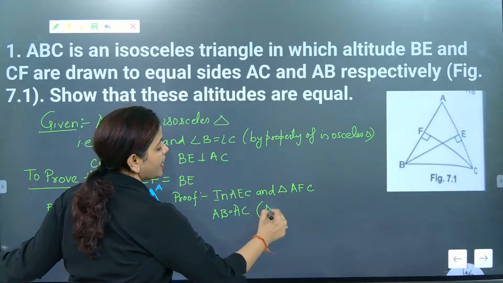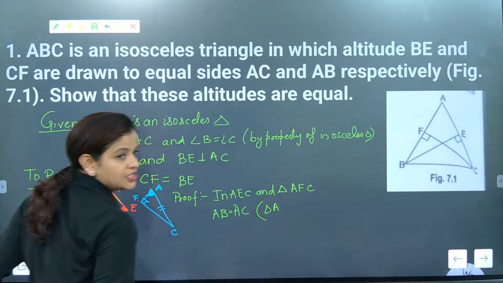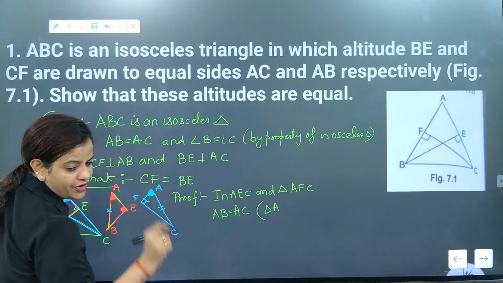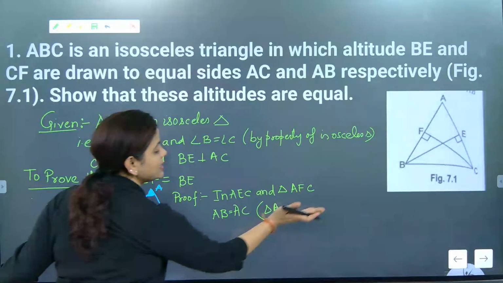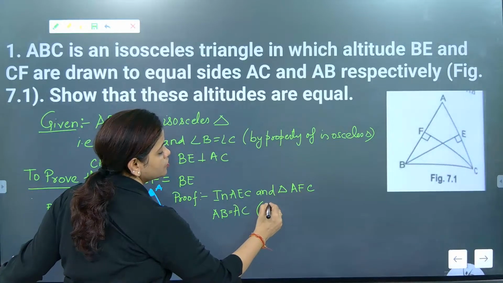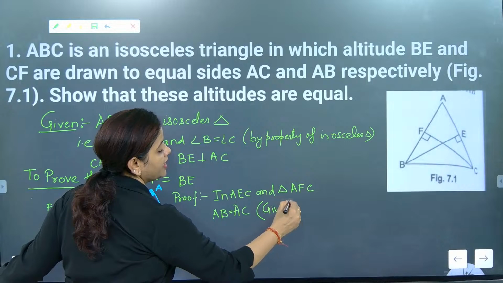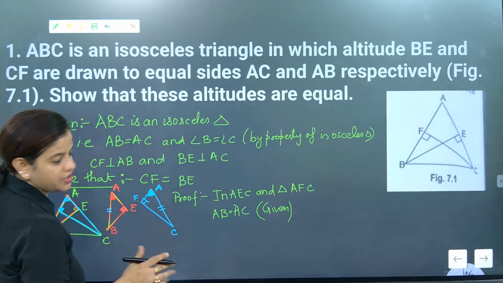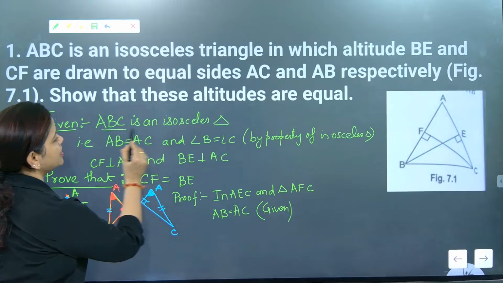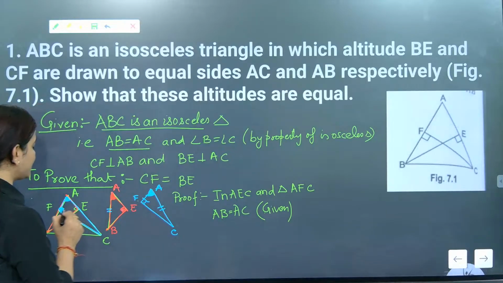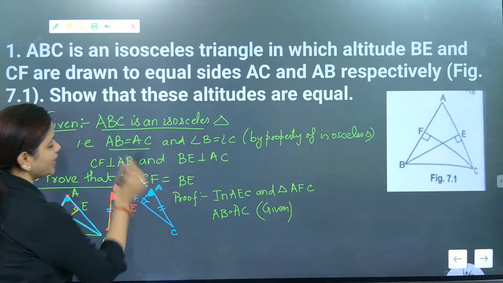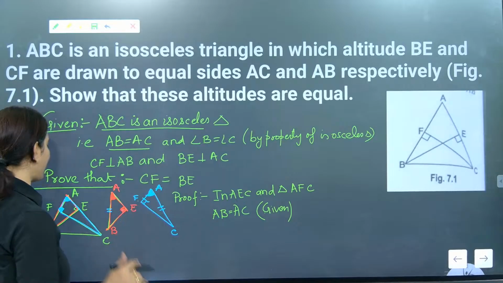Because triangle ABC is an isosceles triangle, or directly refer to the given section. So anyone can refer to this and understand what we have written.